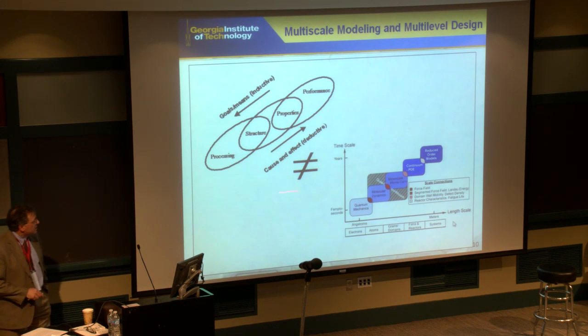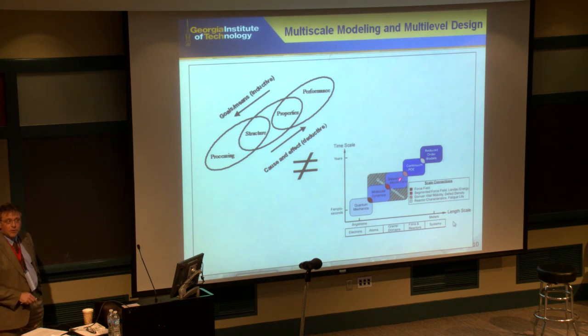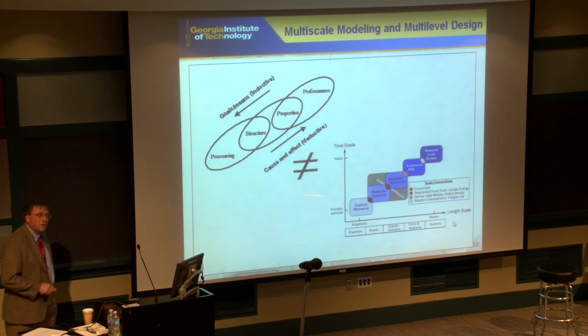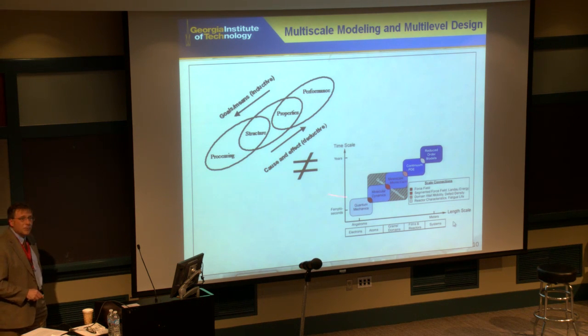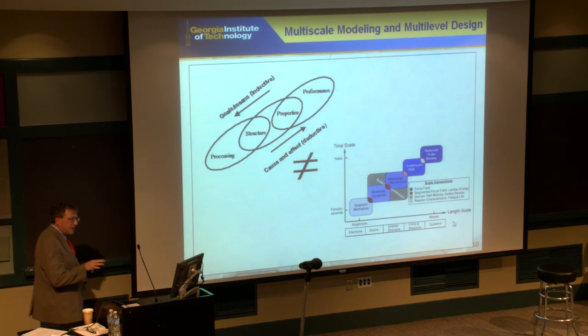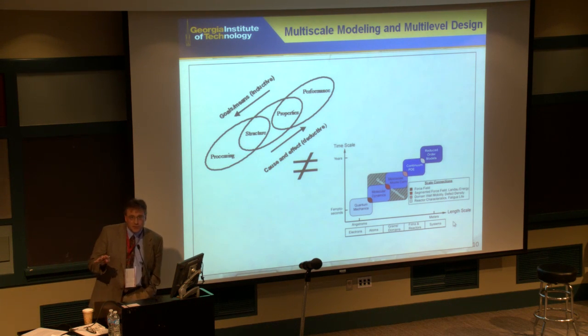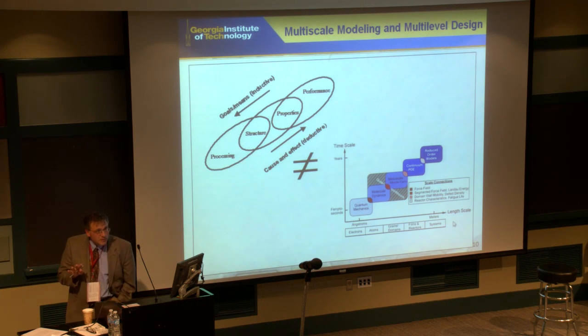But the important thing is that these aren't equivalent. You're not doing materials design if you're doing multi-scale modeling, and vice versa. Multi-scale modeling is the servant of materials design, but they're not equivalent.